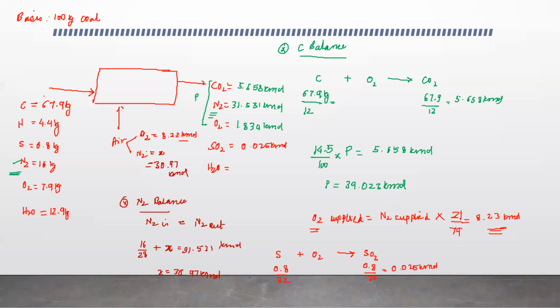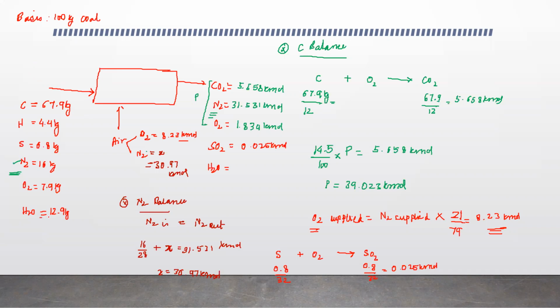All right, and then we have hydrogen. Hydrogen in this is 4.4 kg. So therefore we are going to get H2 plus half O2. Once again, stoichiometry is going to give us H2O. So 4.4 by 2, and this would again give you 4.4 by 2 kilomoles of water. So that is 2.2 kilomoles. And then there is water present here already.